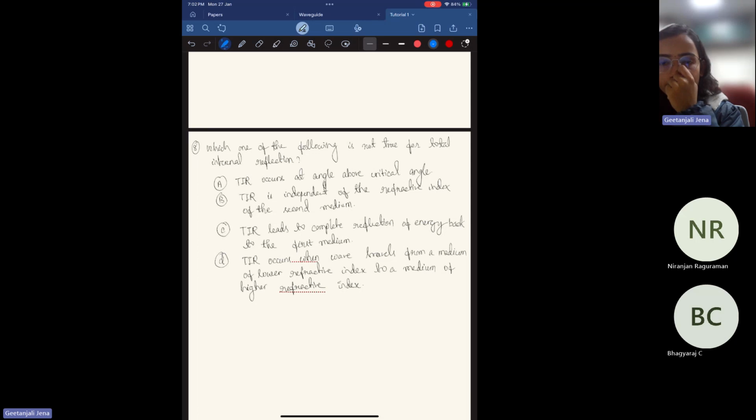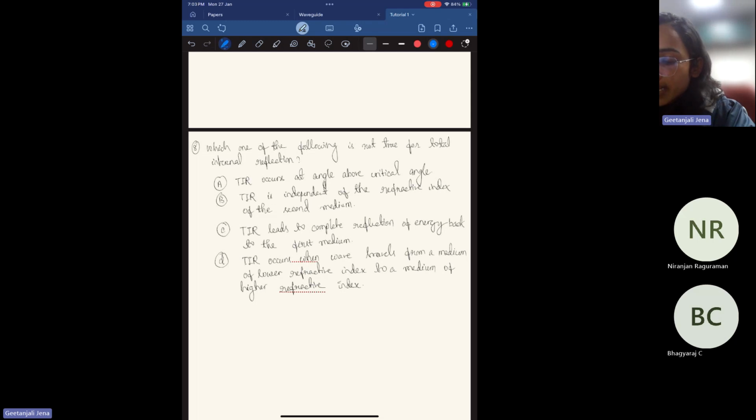So if you recall the lecture, whenever the wave travels from a denser medium to a rarer medium, then it gets reflected back to the same medium whenever the angle of incidence is greater than the critical angle. Okay. So the question is, which one of the following is not true for total internal reflection?